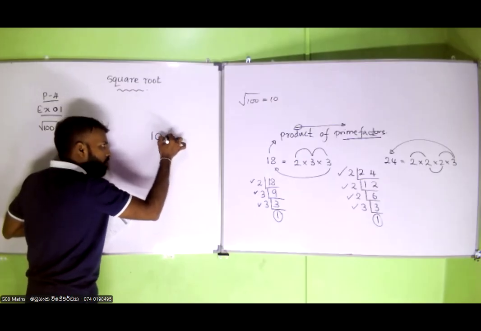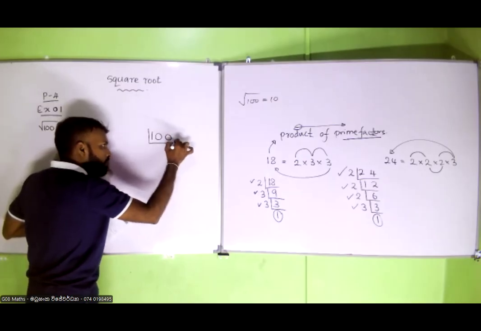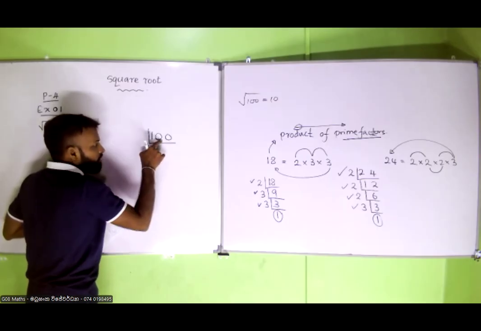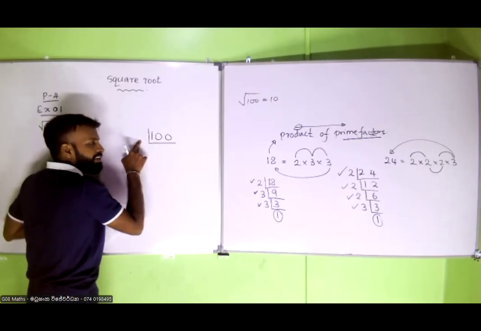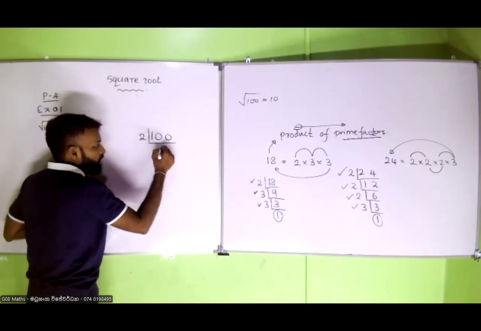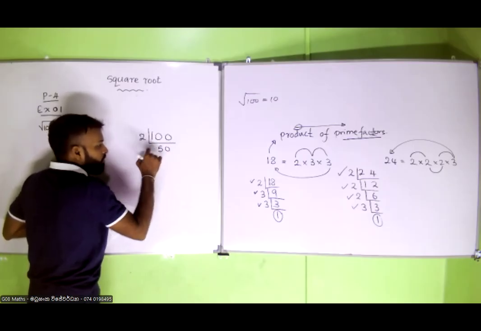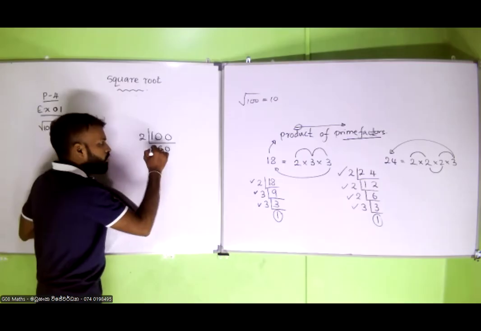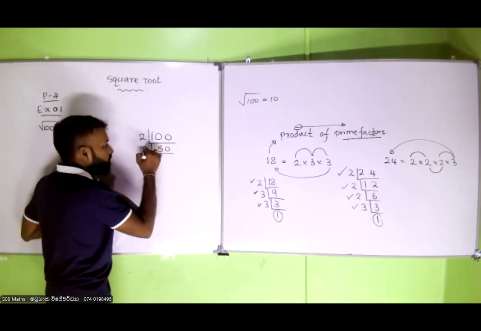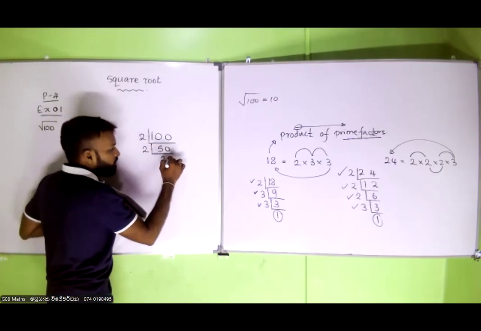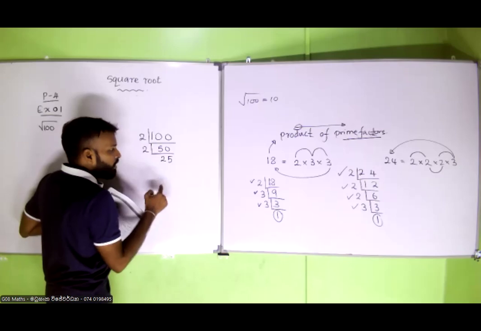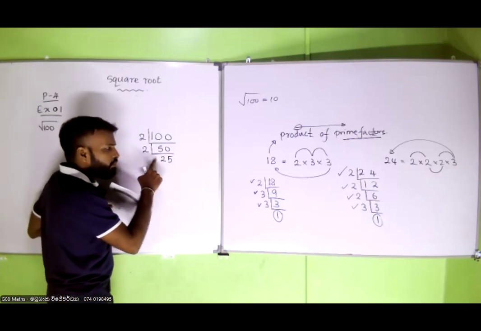First of all, you are going to divide 100 by prime factors. 100 can be divided by the smallest prime factor 2. 2 times 50. 50 can be again divided by 2, 2 times 25. Can 25 be divided by 2?